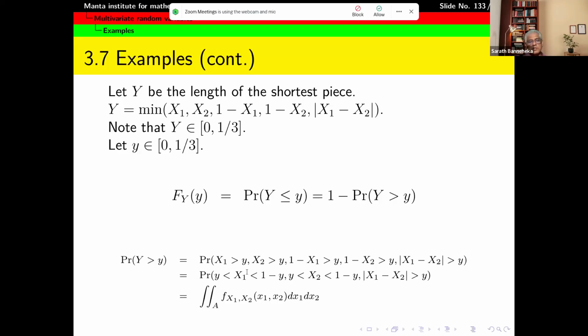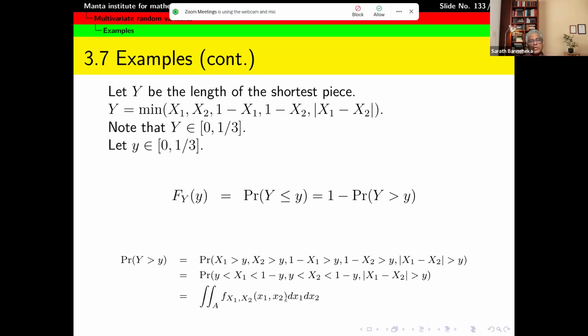For the probability regarding x1, x2, we have to integrate the joint density function with respect to x1 and x2 over a certain set A, where the set A is all x1, x2 points satisfying x1 is between y and 1 minus y, x2 is between y and 1 minus y, and the absolute difference of x1 and x2 greater than y.